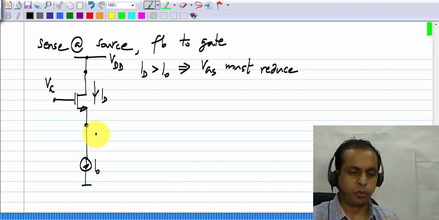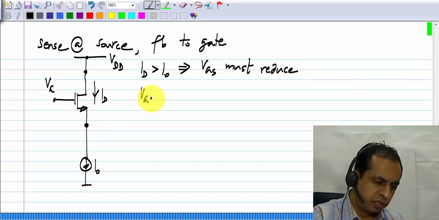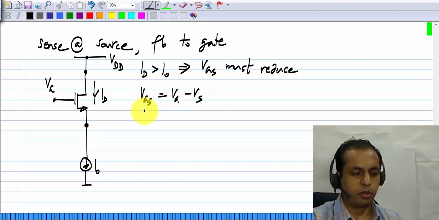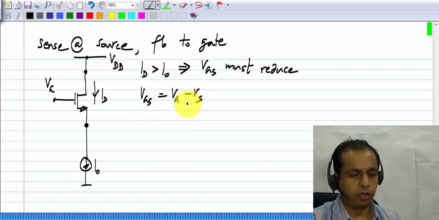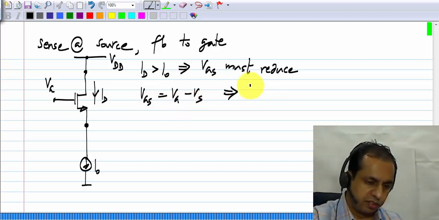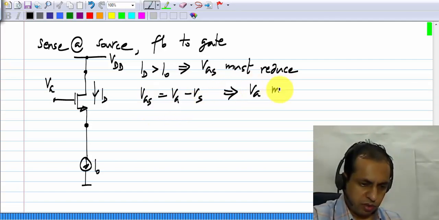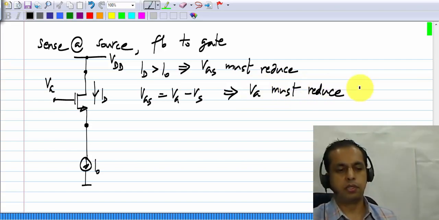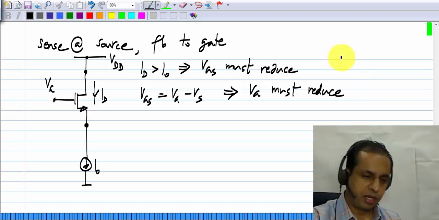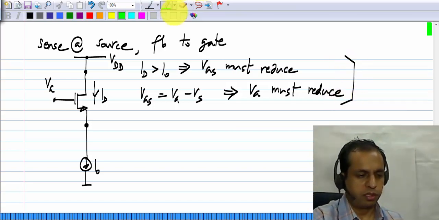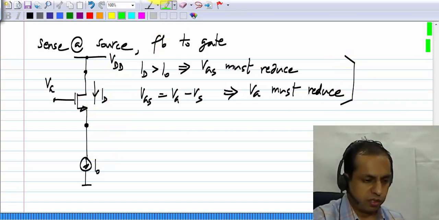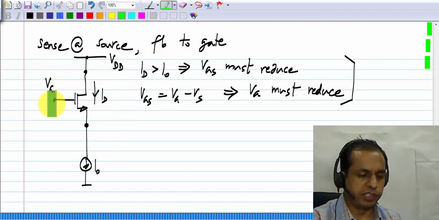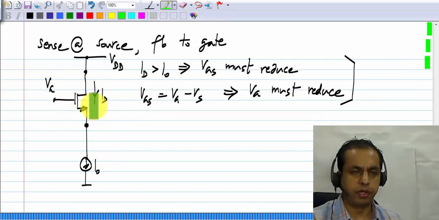We don't know what the source voltage is, but because VGS equals VG minus Vs, if we are trying to control it with VG alone, then this says that VG also must reduce. And this is the feedback action that we want. That is, if ID is larger than I0, then we must reduce VG so that ID tends to reduce.